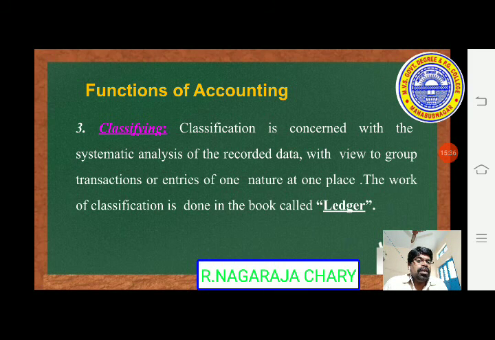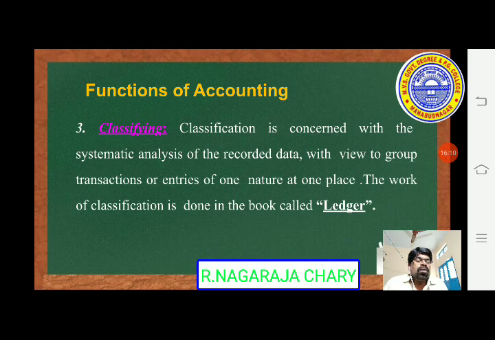Now, after recording there will be numerous transactions. It may not be possible to pick out which transaction is first, which is next, which one is an expense, which one is a liability, which one is a payment. So according to the nature we have to classify all the assets, all the liabilities, all the expenditure, all the incomes. Like that we have to classify based on the nature.